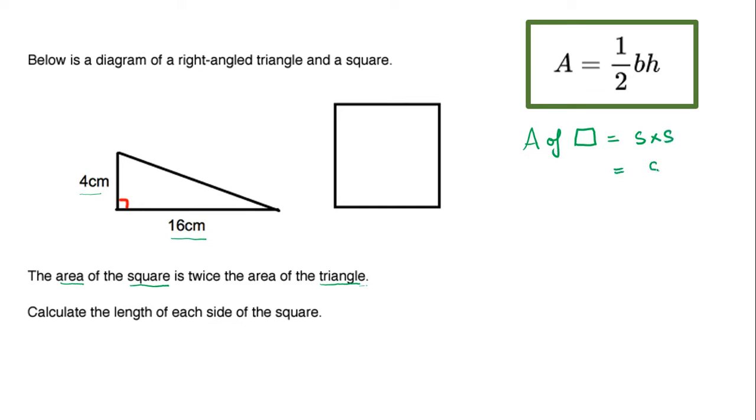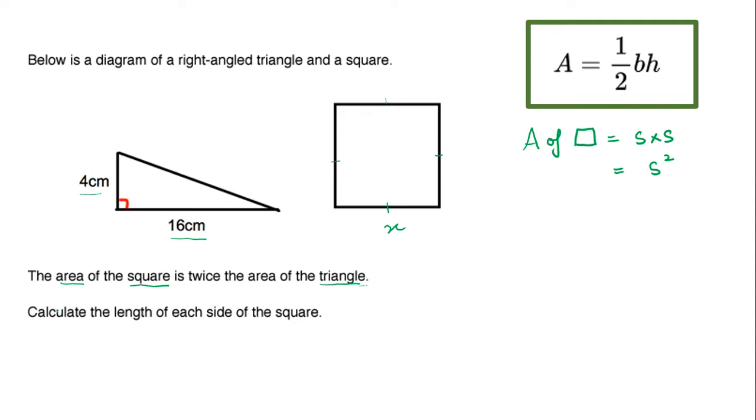Or you can say s squared, because side times side is the same as side square. Now, a square, we need to remember that in a square, all the sides are equal. For example, if I have this side as x, the other three sides are supposed to be x. So a square has all the sides the same.